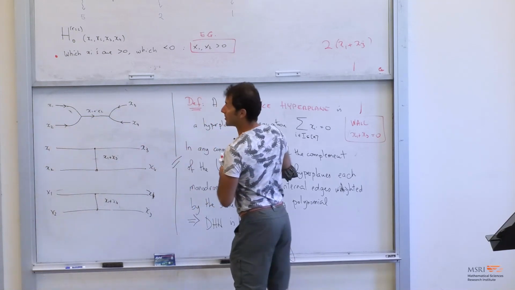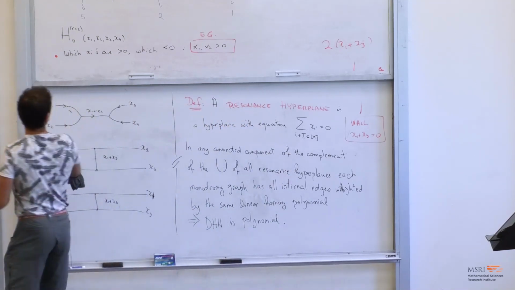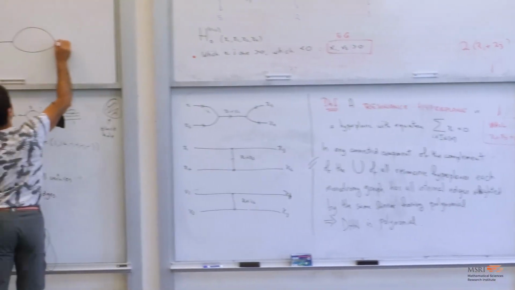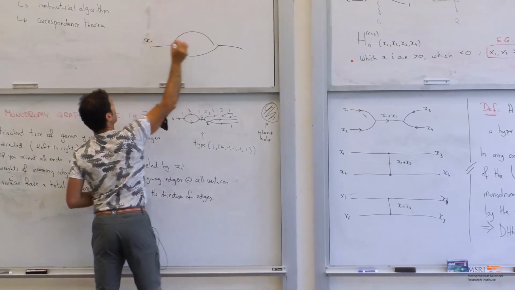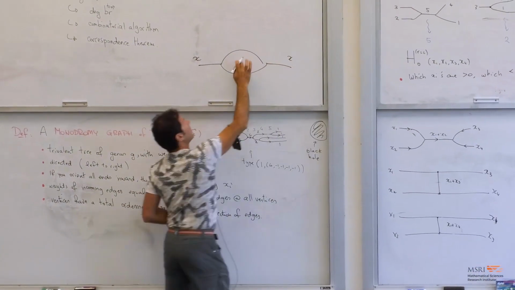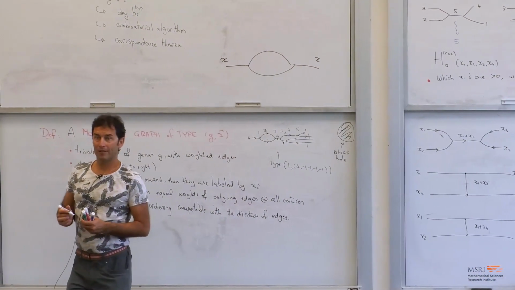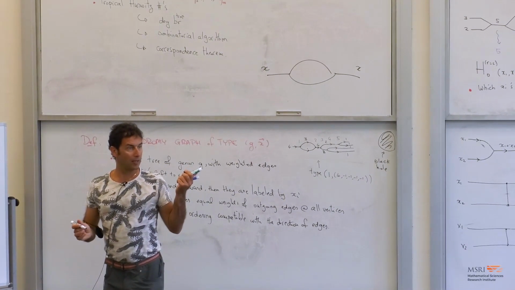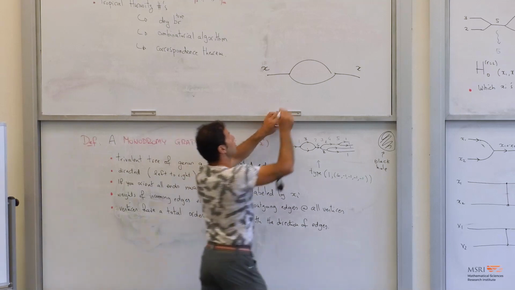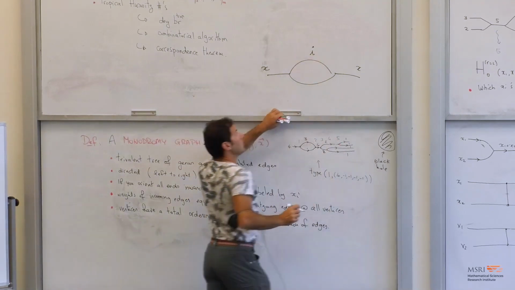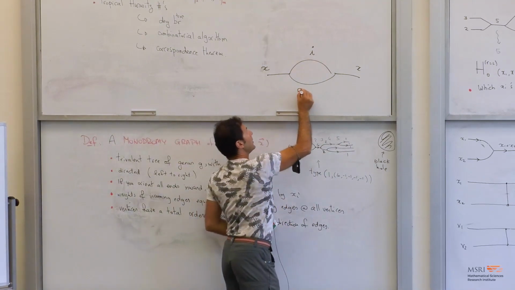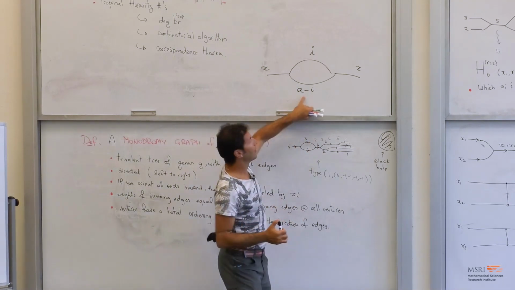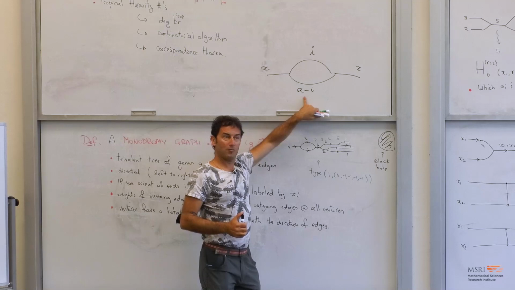Whereas in higher genus, I can draw the first example, which is this. There's not a unique way to use the balancing condition to fill in the edges. So here, I can choose, say, this to be i, and this to be x minus i, right? So I no longer have linear homogeneous monomials in x.